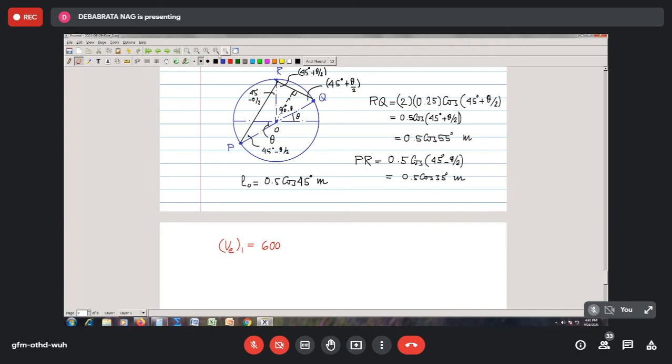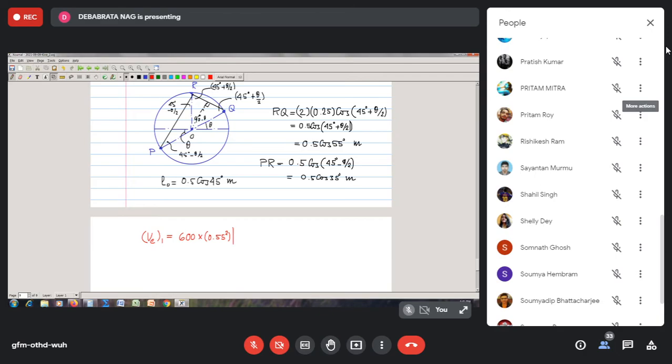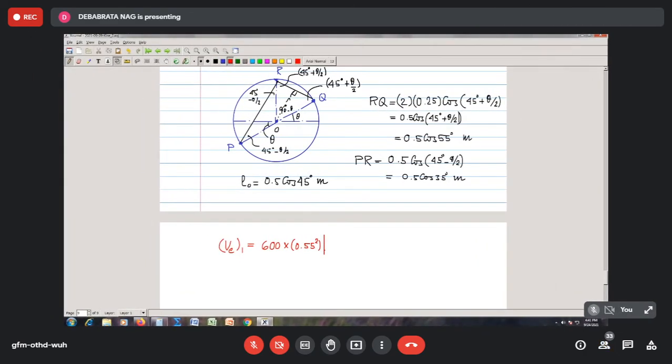I say it is 600 into 0.5 square, 0.5 square. So write like that into.